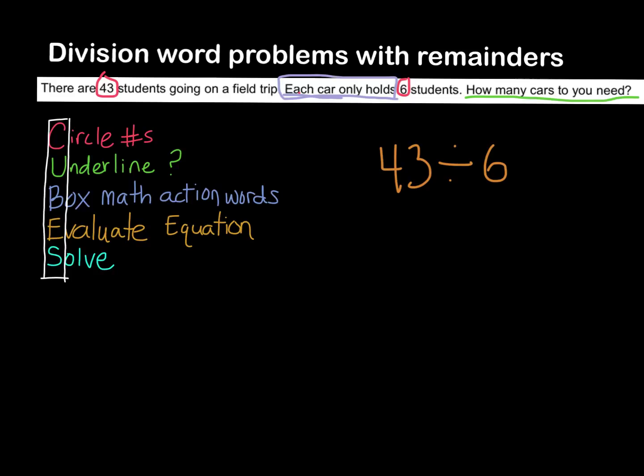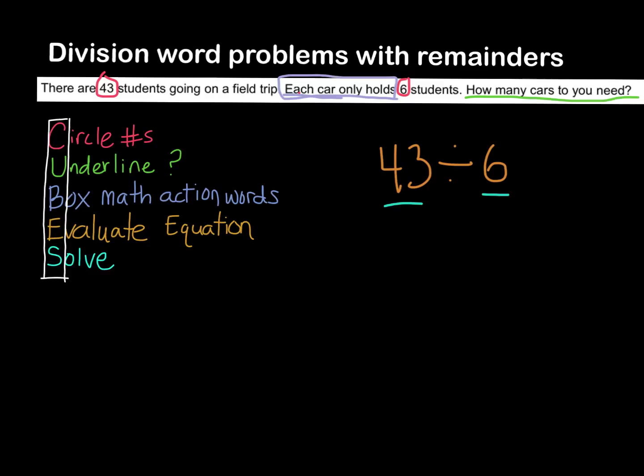For solving, you can use any method that you've learned so far for division. I'm looking at 43 and I'm thinking I don't know a basic fact with 6 and 43, so probably not going to do well to subtract 6 over and over again.